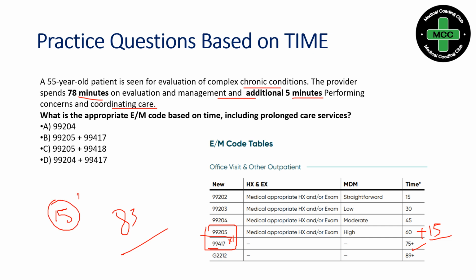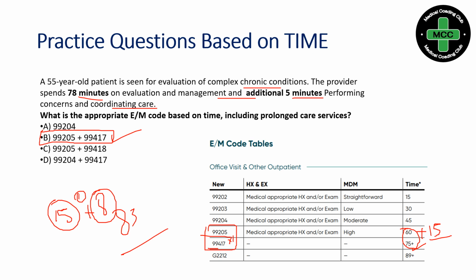Okay, so left out is only how much? 8 minutes. So for these 8 minutes, you cannot code one more unit. So you have to only consider up to 75 minutes. So just give 99205 and 99417 one time. So 99205 and 99417, answer B will be correct.